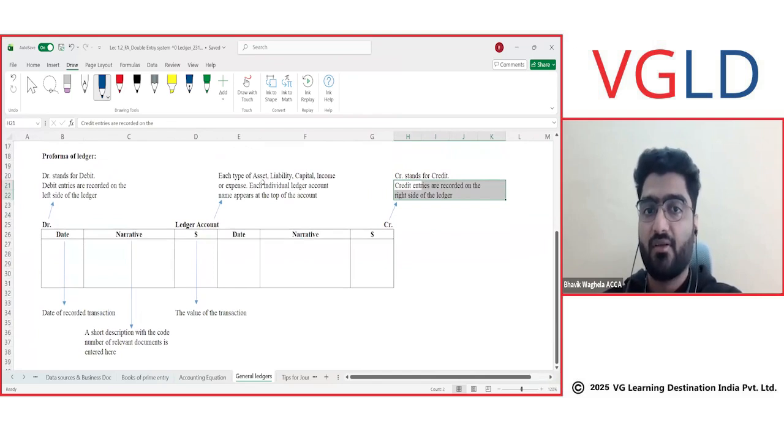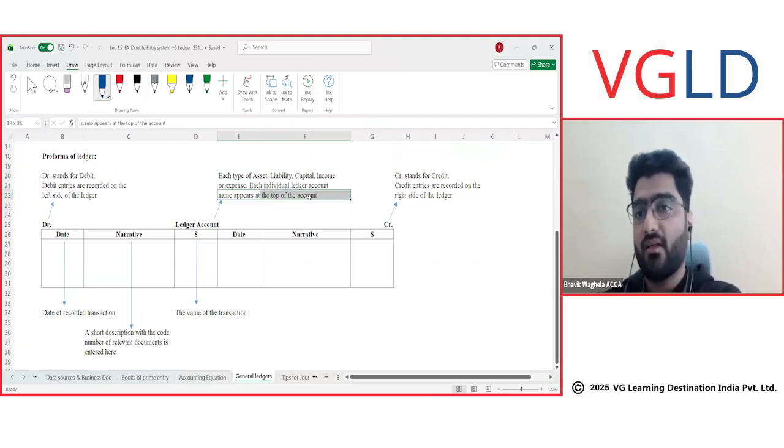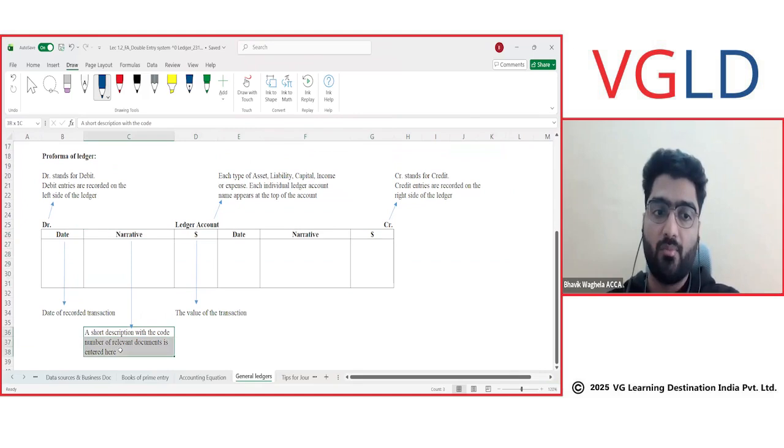Now, for each type of asset, liability, capital, income, or expense, each individual ledger account name appears at the top of the account. In the dollars column, we will be writing the value of the transaction. In the narrative, we will be writing a short description with the code number of relevant documents.